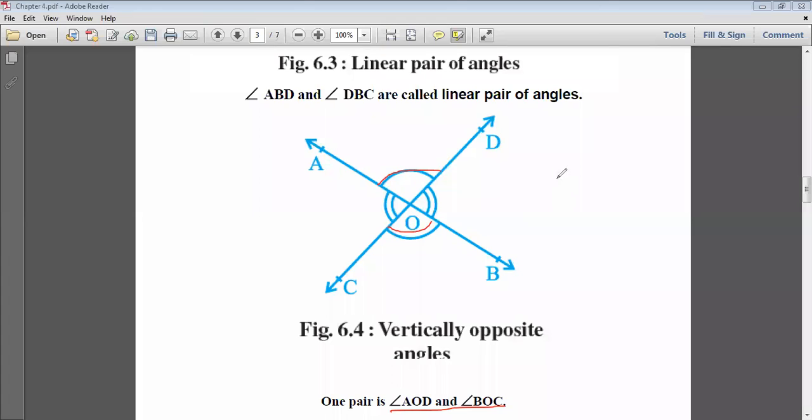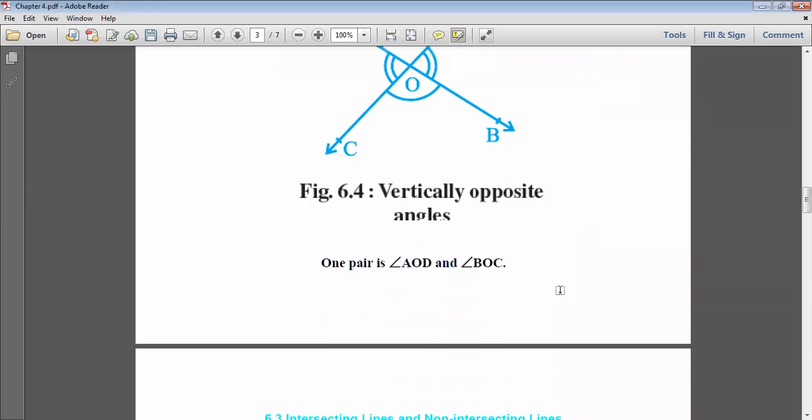Angle AOC and angle BOD. Yes, very good. These are the pair of vertically opposite angles. Clear? Yes, sir.